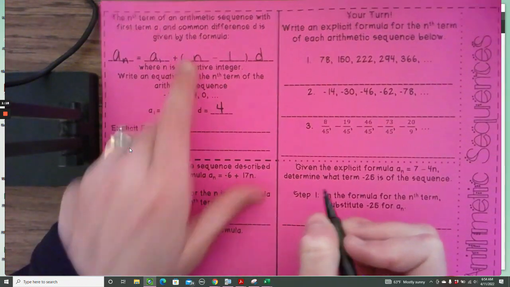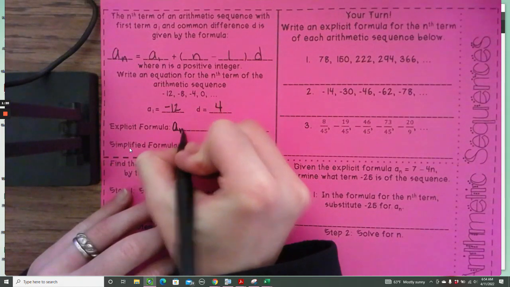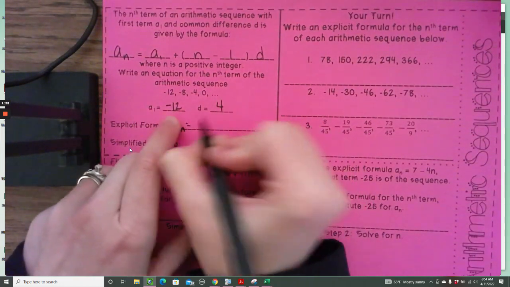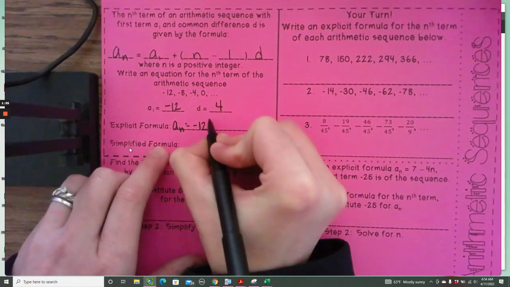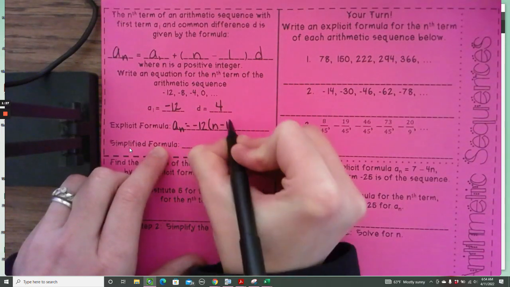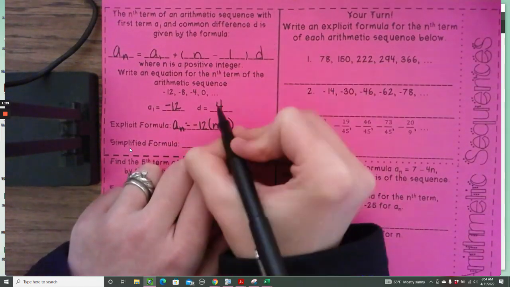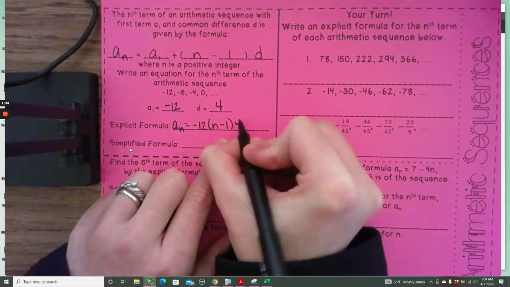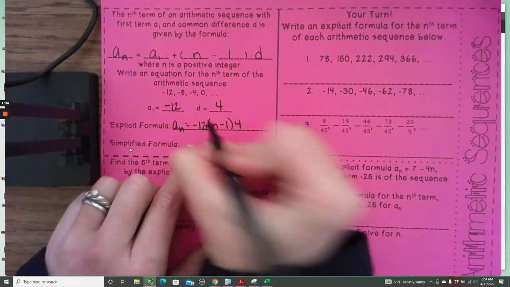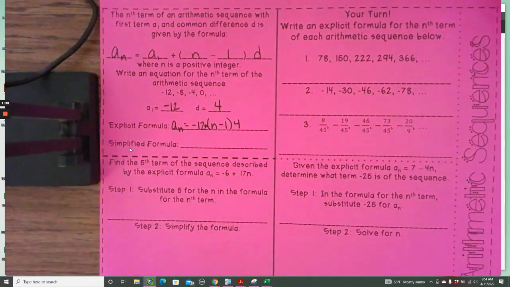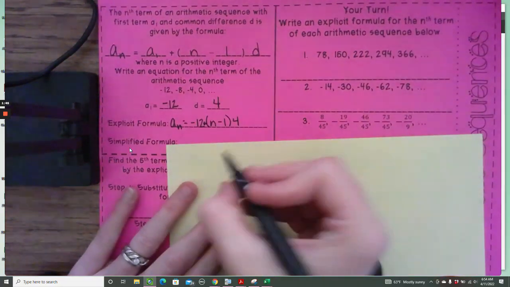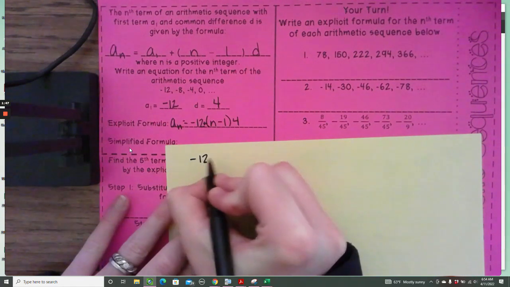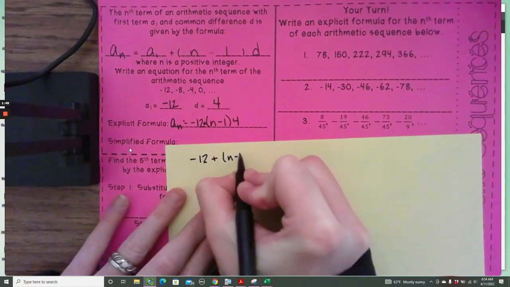So using this template, a_n is going to equal a1, negative 12, plus n minus 1, and then the d value is this 4. Now from here we need to simplify this down. Sorry, there should be a plus sign there. So to do that, let me grab a blank sheet of paper here. Alright, so we've got negative 12 plus n minus 1 times 4.